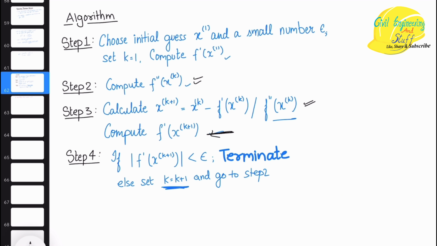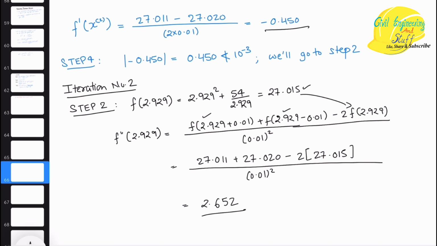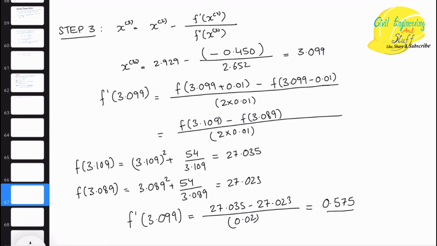Now in this step 4 again we will see if this first derivative is less than the smallest number. Of course, this derivative is not less than the smallest number.